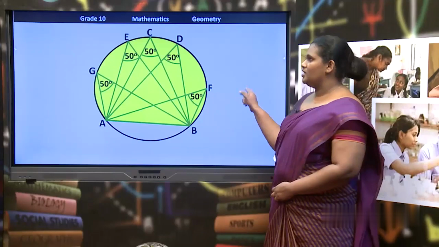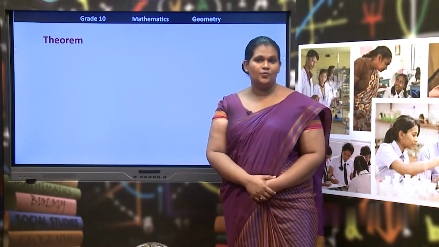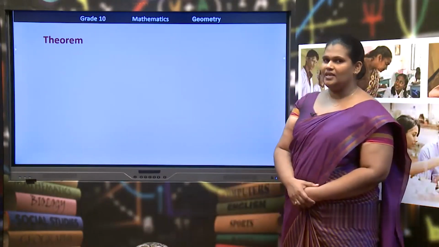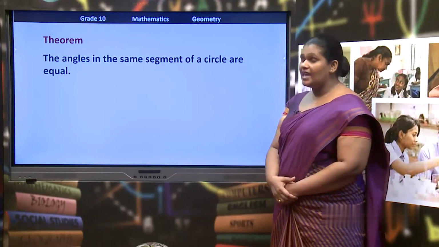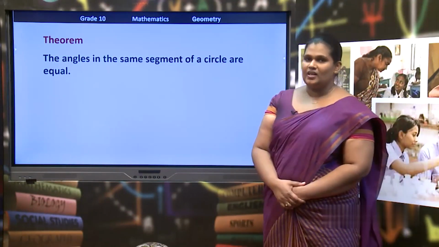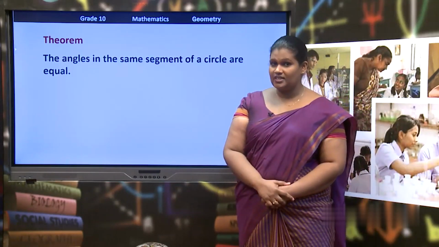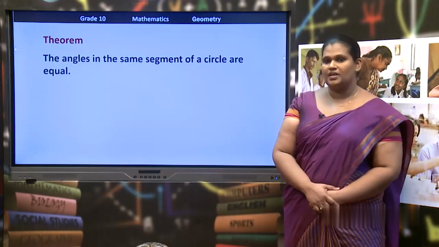Right. Now, I am going for a theorem. We can construct a theorem like this. The angles in the same segment of a circle are equal. Previously, we have noted that we had all the angles on the same segment.